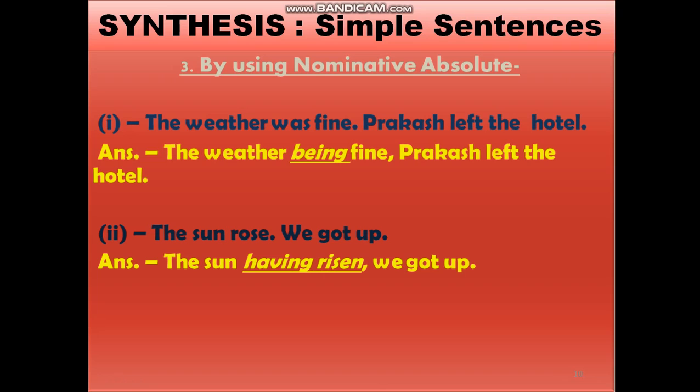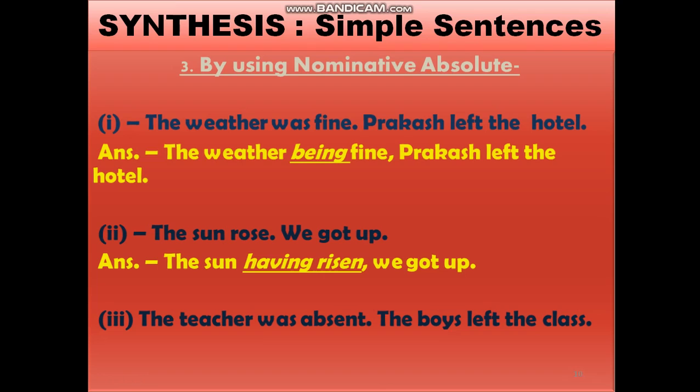Having risen, like this. The sun having risen, comma, we got up. So when you find is, am, was, were, you use being, and when you find verb second form, you use having risen. You use having with the third form.